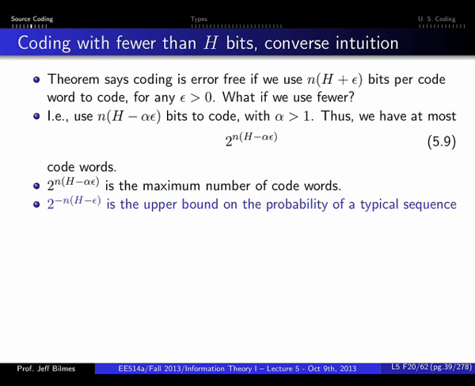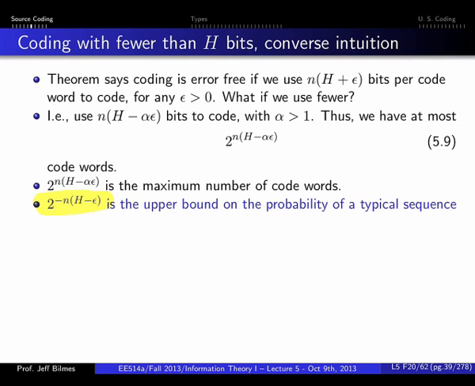Now the typical sequences are still sitting around. Typical sequences are still saying, okay, well I'm still typical, and I still have an upper bound probability of this. And we know that the typical sequences are all the things that happen. So now what happens is, the typical sequences' probability is changing as 2 to the negative n(H minus epsilon) at most.